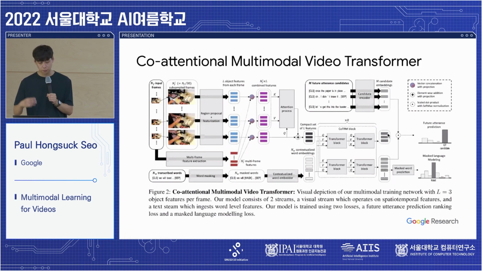We fuse this information together to get multimodal embeddings, and then we also embed the future tense candidates, and we use contrastive loss to find the true positive. There are more details in the paper.